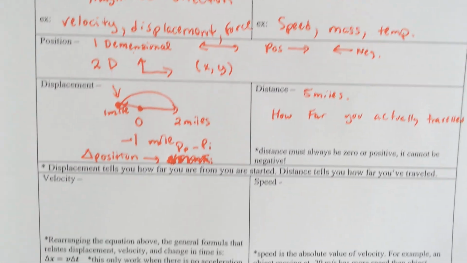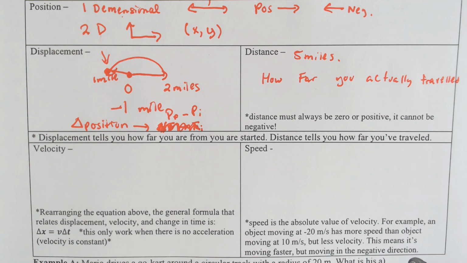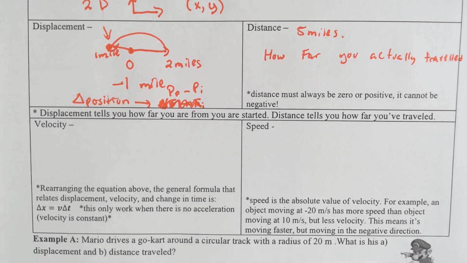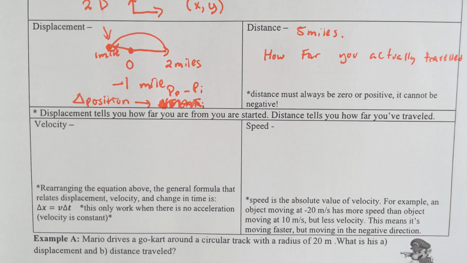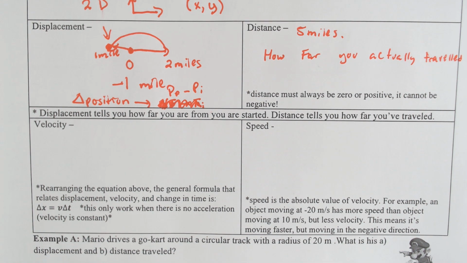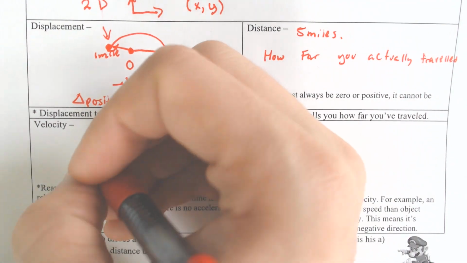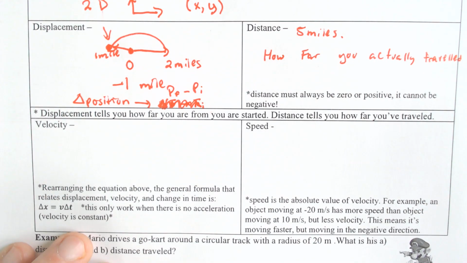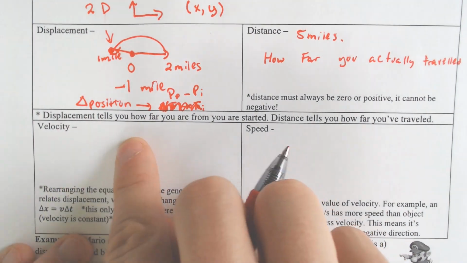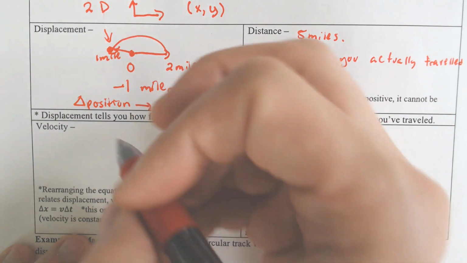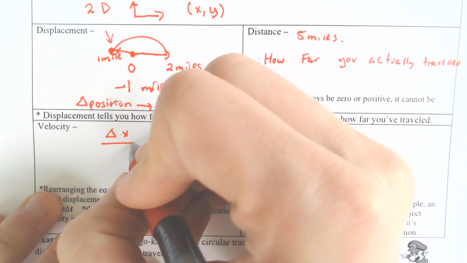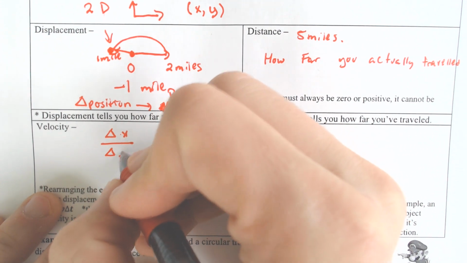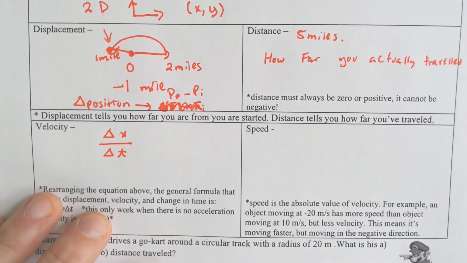Velocity is going to be telling us the same sort of thing. So velocity is going to be able to tell us how fast something is changing, and it is in relationship to position. So velocity would tell us how fast something has changed in position and over how long of a period of time.